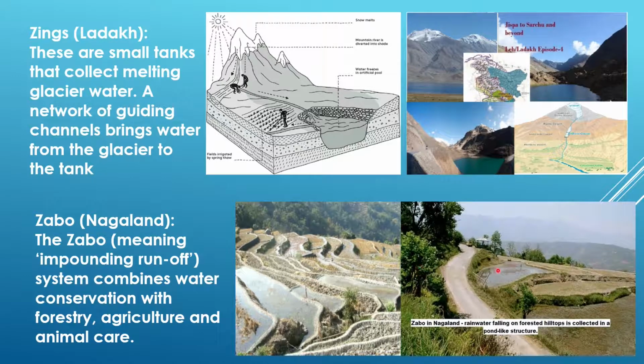Here, the water is getting collected in the upper region. When it is filled up, it overflows and flows down the hills to the lower region. So first we get the collection of water, and then the water is used in the lower reach for pastoral farming and agricultural purposes also.